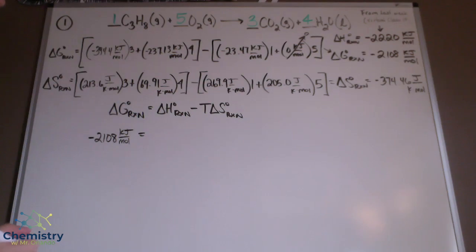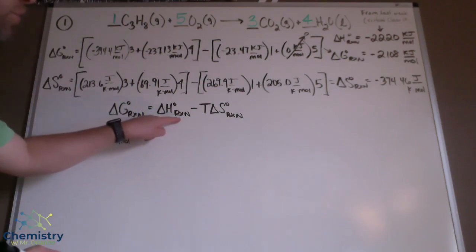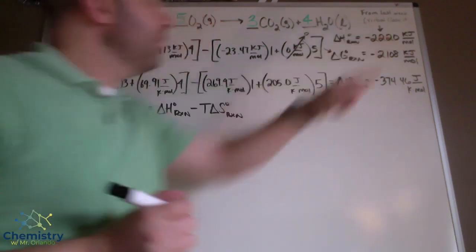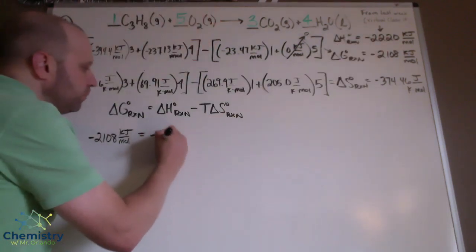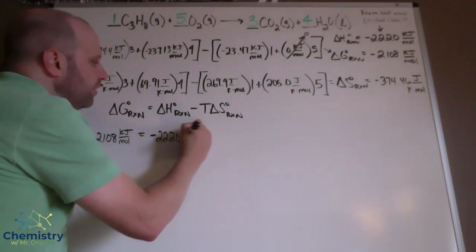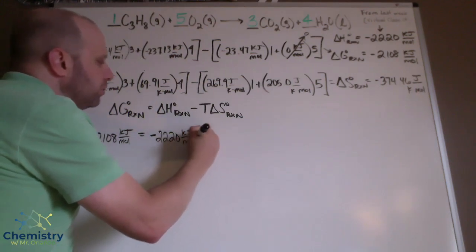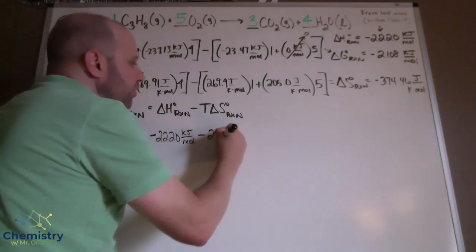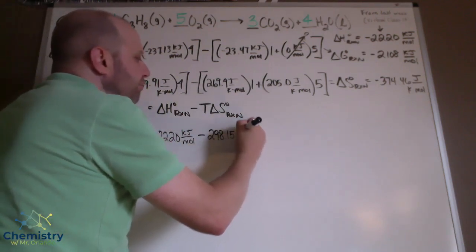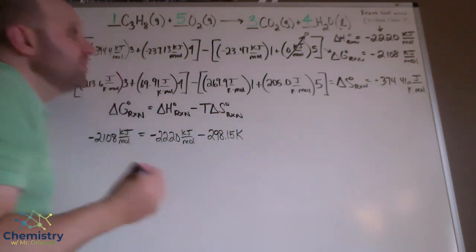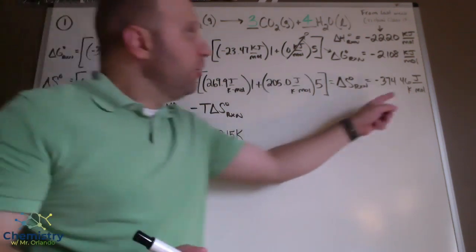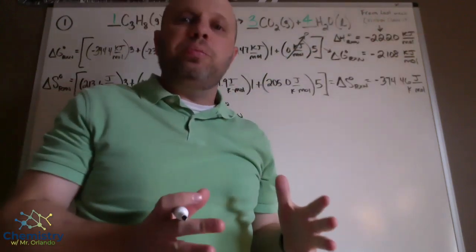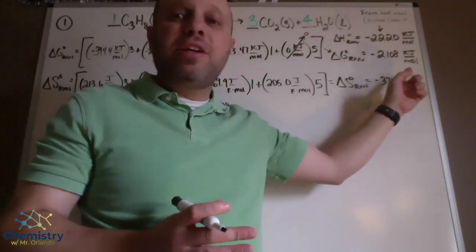And we're going to set that equal to delta H for the reaction. This is the value that we calculated last week. Negative 2,220 kilojoules per mole minus the temperature, 298.15 Kelvin, times, now notice that delta H and delta G are in kilojoules per mole, but delta S is in joules.